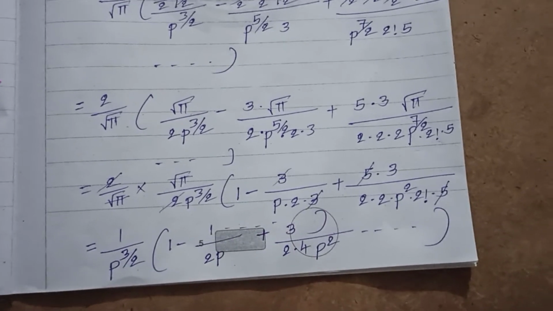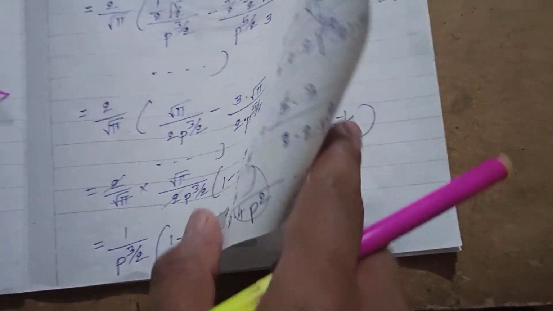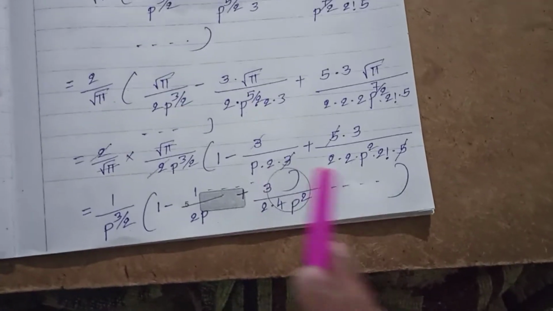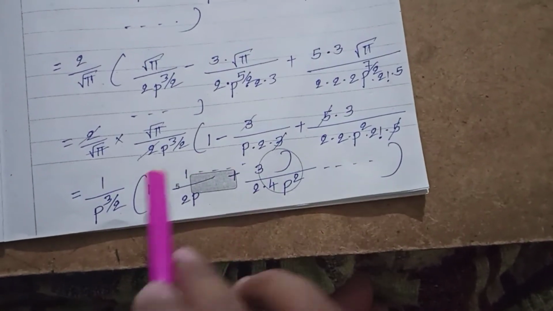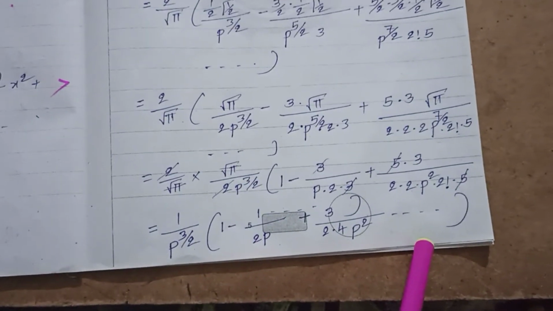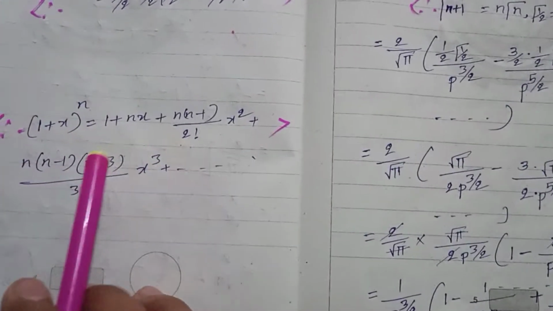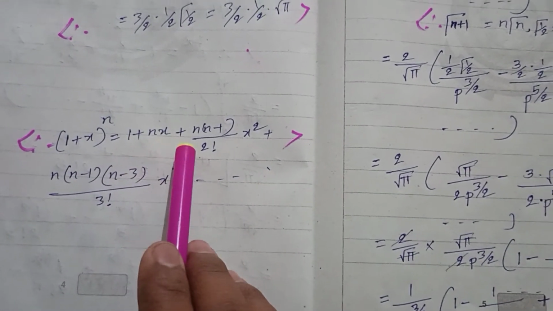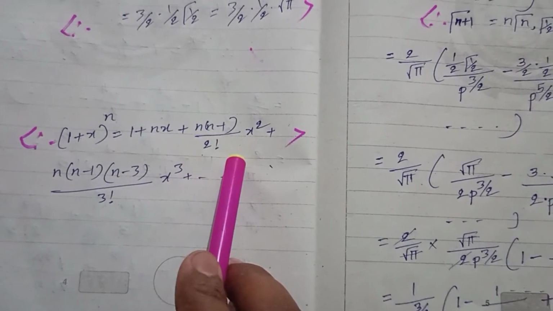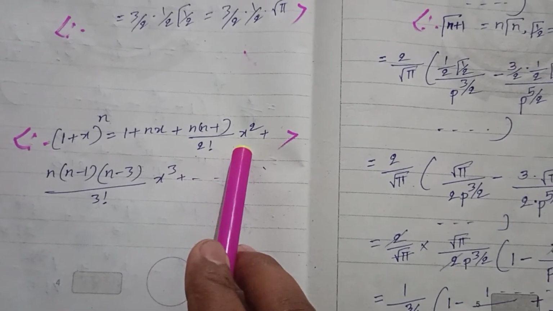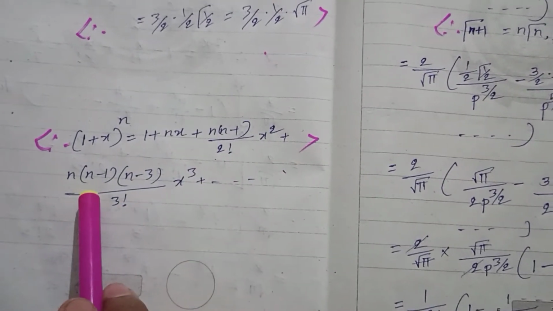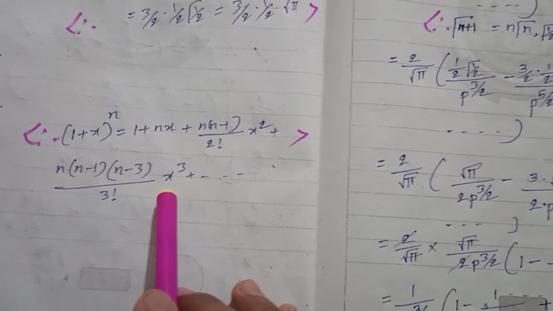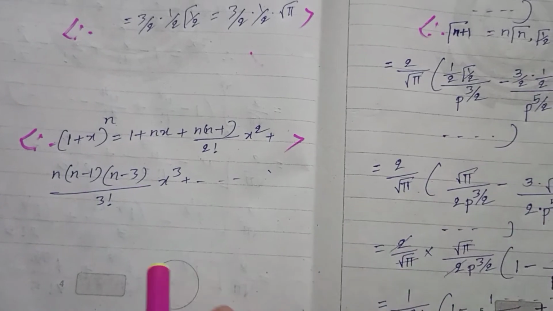See here, I am turning the page. Here you will get the result now. It is in the form of 1 plus nx plus n into n minus 1 by 2 factorial into x square plus n into n minus 1 into n minus 2 by 3 factorial into x cube and so on.